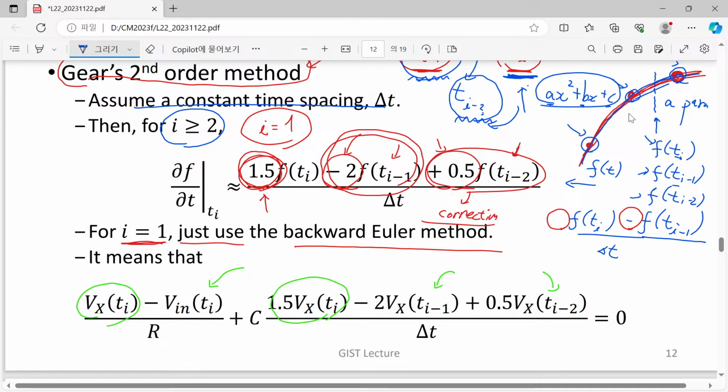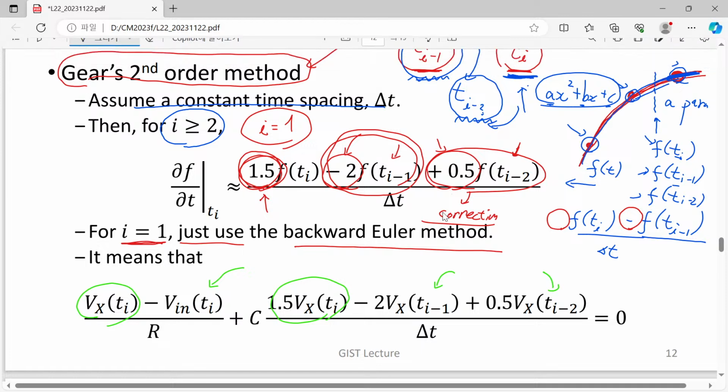From this, the time difference was obtained. Simply speaking, the better approximation obtained from the second order method is that the assumed waveform is higher order than the backward Euler. So in this case, we can expect a better result.